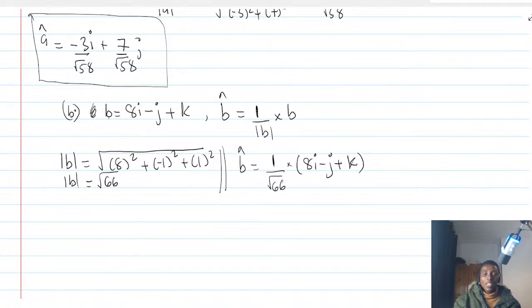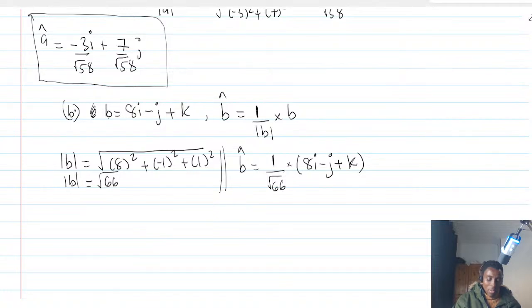Enough of the unit vectors. So this is to say that if I have vectors and these vectors have the same direction, then the unit vector is the same.